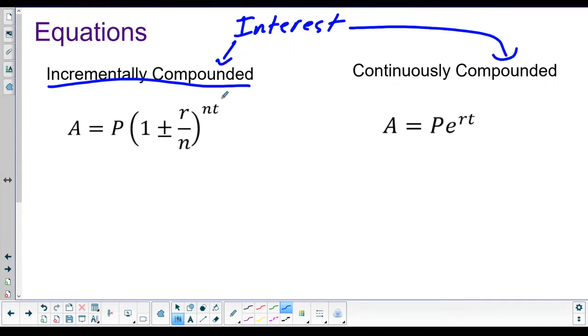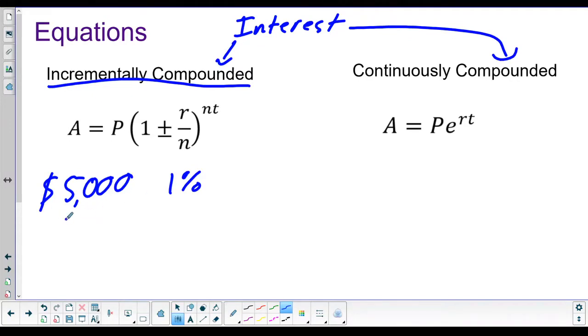So for incrementally compounded, let's say you have $5,000 and you put it in the bank and we'll give you 1% interest. If we're compounding this incrementally or discretely, let's say it happens every month. So at the end of January, they go, all right, here's your 1% interest. So 1% of 5,000 is $50.